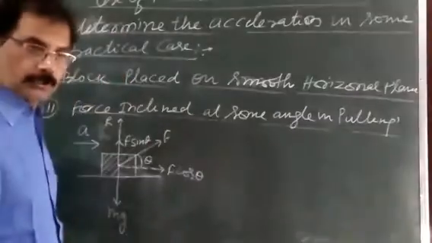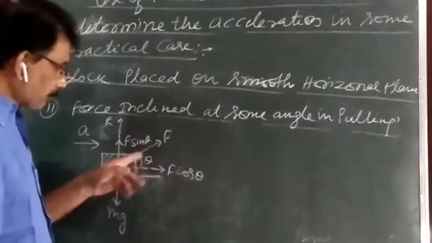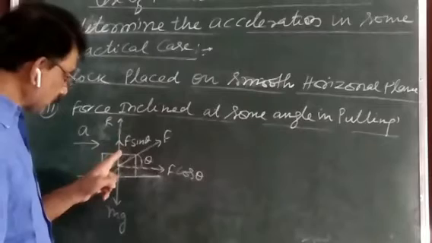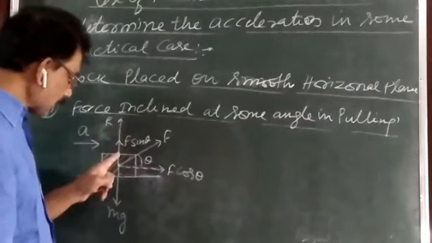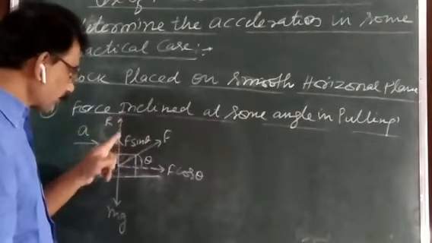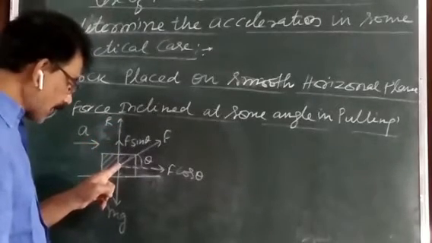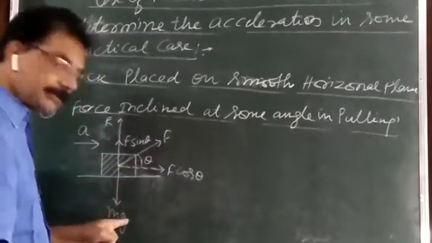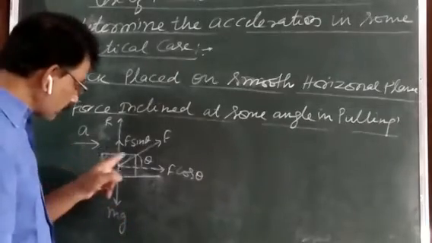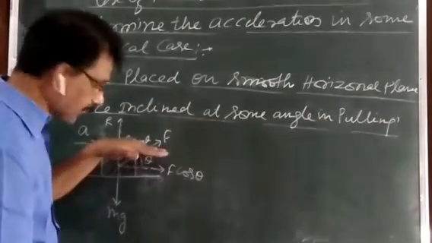Now you see how many forces are acting in the upward direction: normal reaction R and the component F sin theta, both act upward. And in the downward direction, mg. But the motion of this block is taking place horizontally.